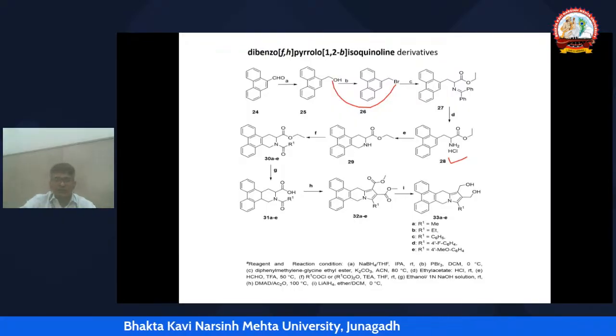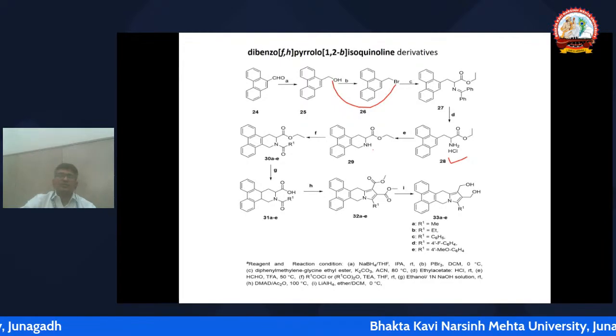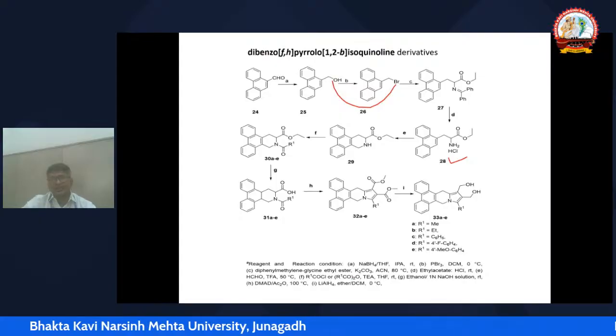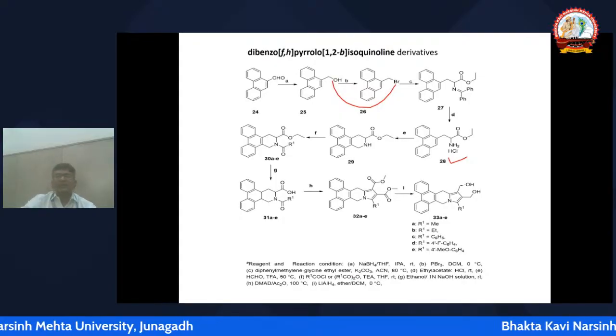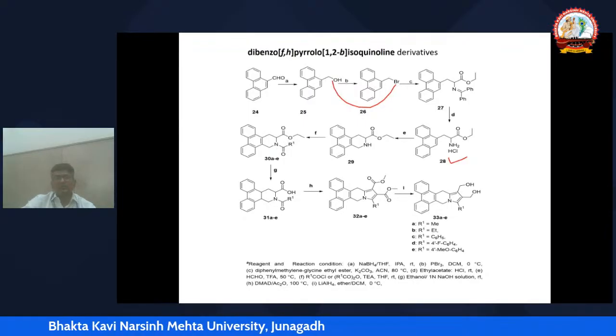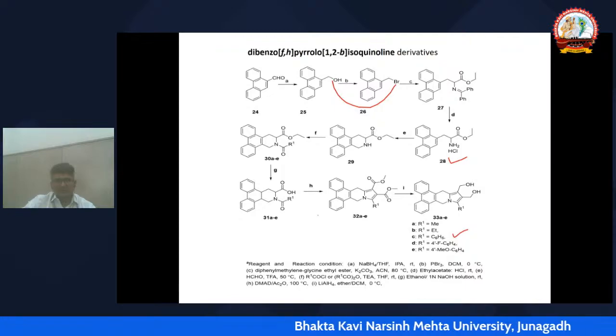So it is converted into the isoquinoline derivative, dibenzoisoquinoline. Now this NH group reacts with different types of acetyl chloride or acetic anhydrides, with TEA and THF as solvent at room temperature, and it produces the N-acetyl or N-benzyl derivative product, because we have taken acetyl as well as benzyl derivatives.